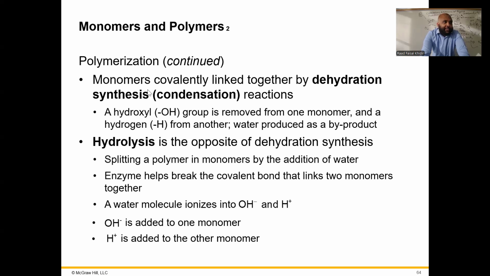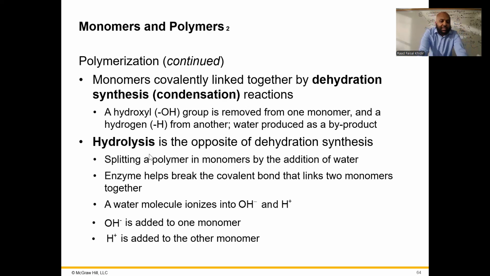Dehydration synthesis, condensation. You condense them together. Then a hydroxyl group, OH, is removed from one monomer and a hydrogen from another, and water is produced as a byproduct. Then there's hydrolysis. Hydrolysis is the opposite of dehydration synthesis.